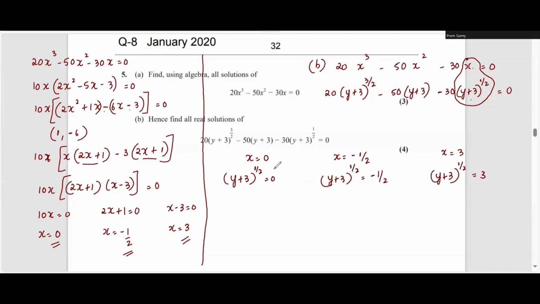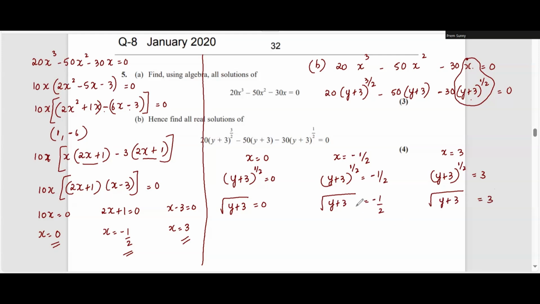Now, to the power of 1 by 2 means square root. So square root of y plus 3 equals 0, square root of y plus 3 equals minus 1 by 2, and square root of y plus 3 equals 3.